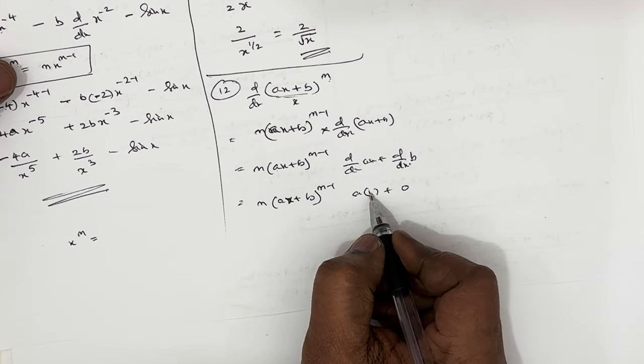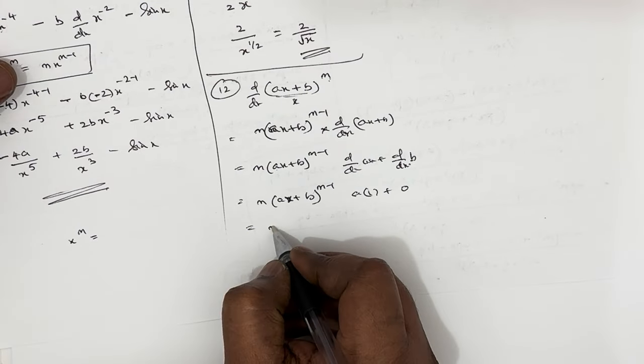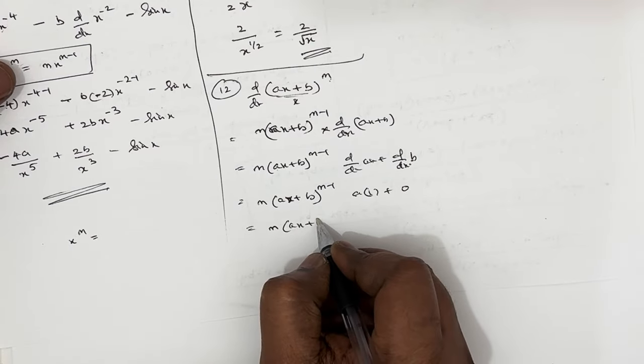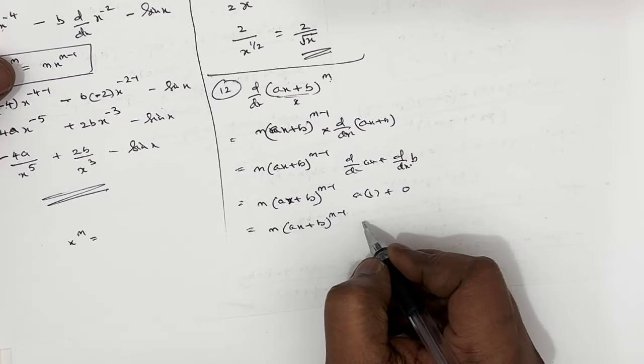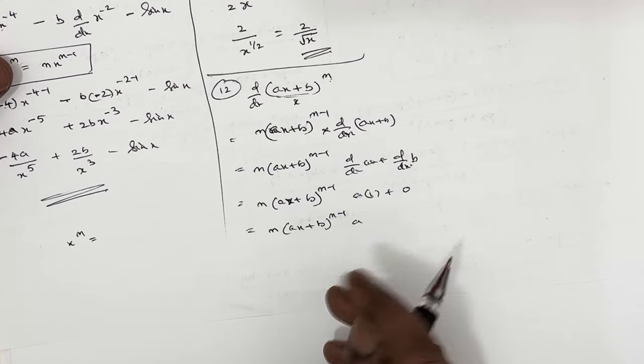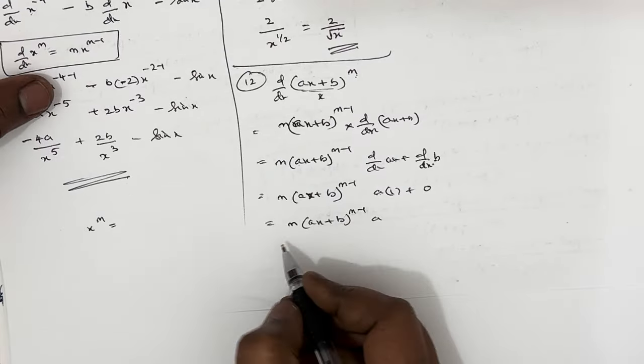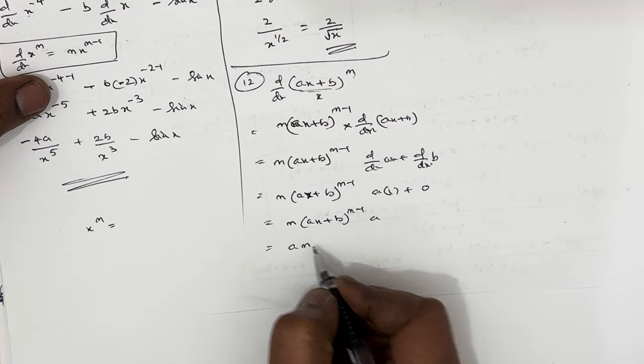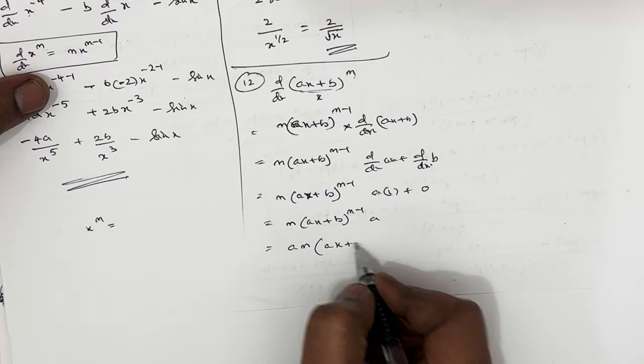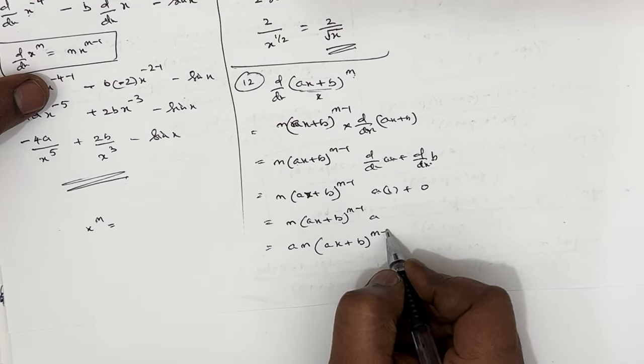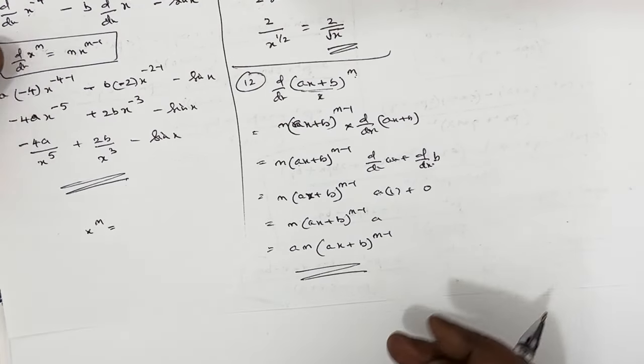So a into 1 is a. So n into (ax plus b) raised to n minus 1 and a. Let's multiply this a here, so it becomes an (ax plus b) raised to n minus 1. Okay, that's it. This is the answer.